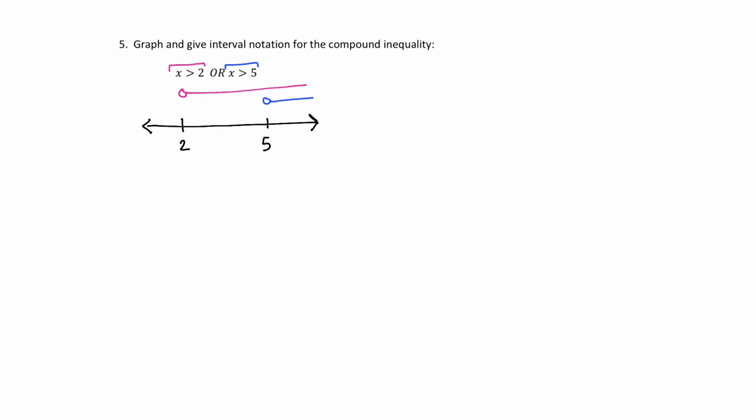Okay, we are looking for an or. We want all of both. We want everything. Basically what's happening is I want all of this line, pretend it's the same, and all of this line.